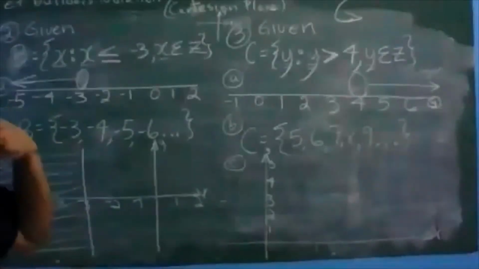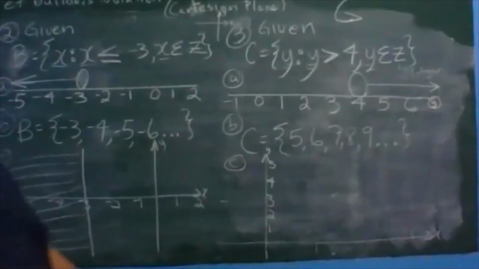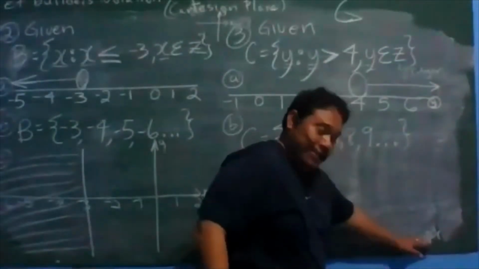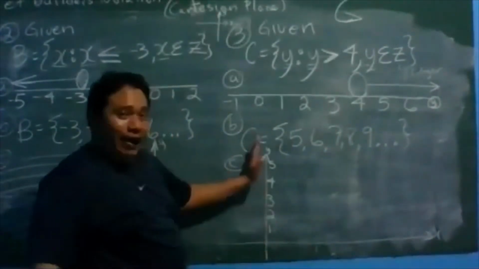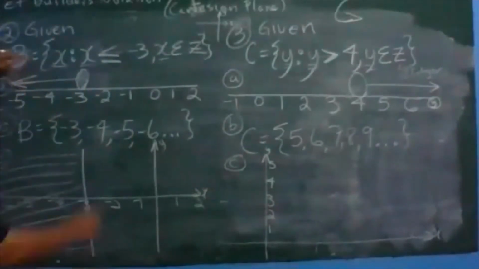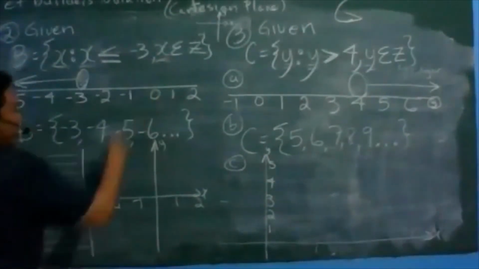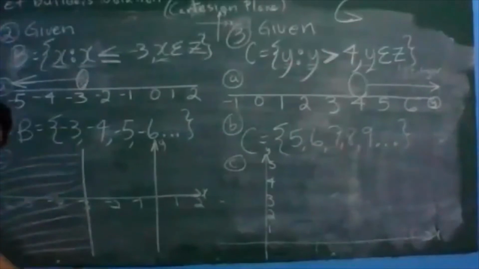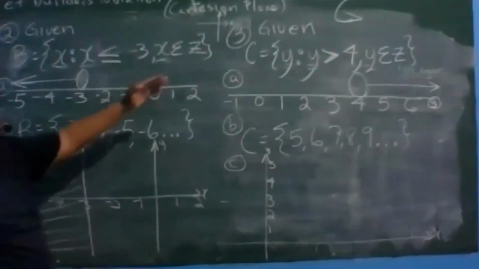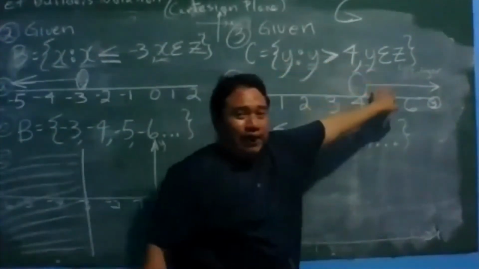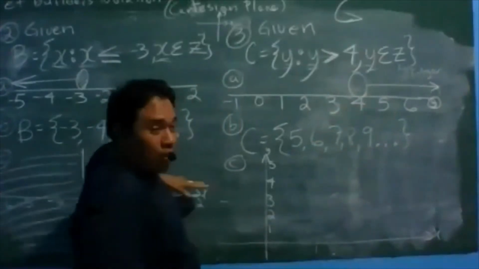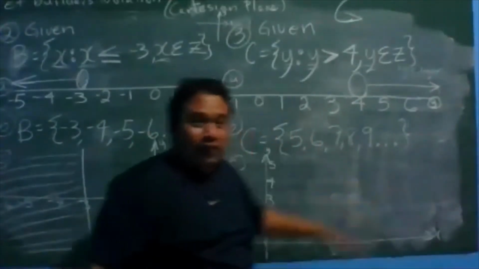All right. Now, this is my x-axis. This is my y-axis. When the variable is x, the line is vertical. When the variable is y, the line is horizontal.